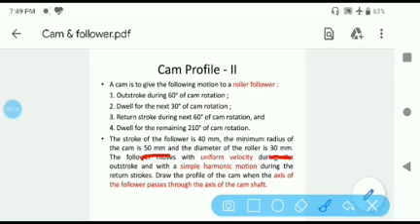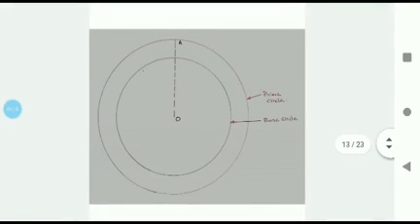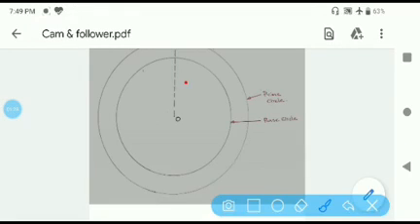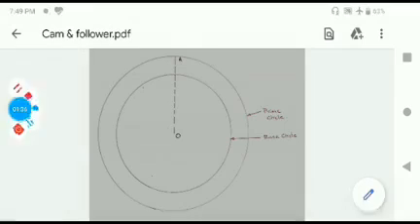So you draw a circle of radius 65 millimeter with center O, and thereafter from O you draw a vertical line which meets the prime circle at A.